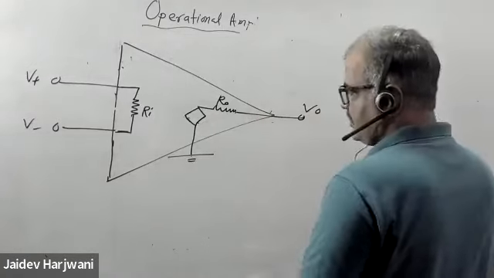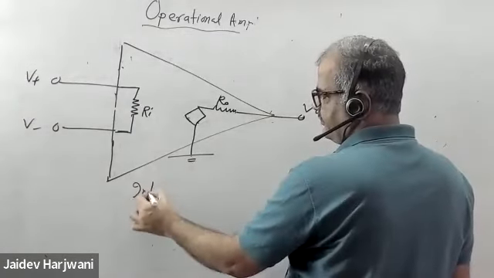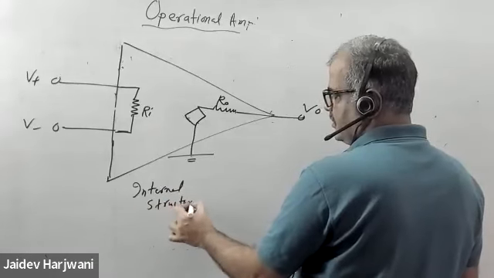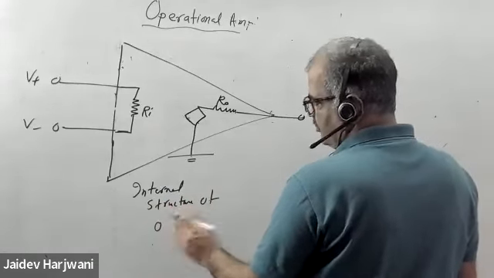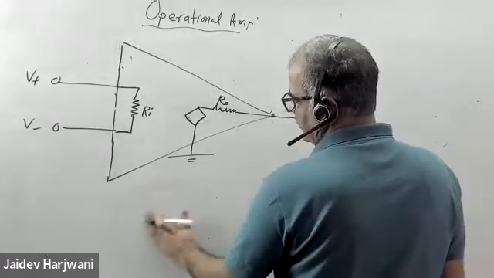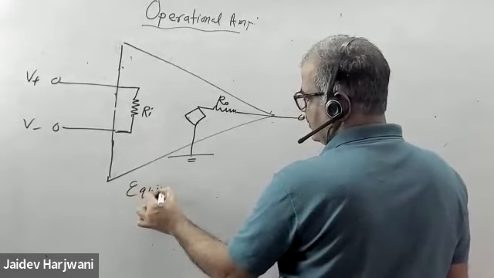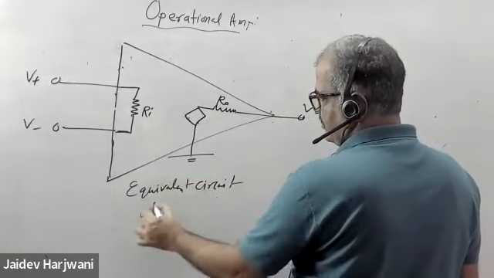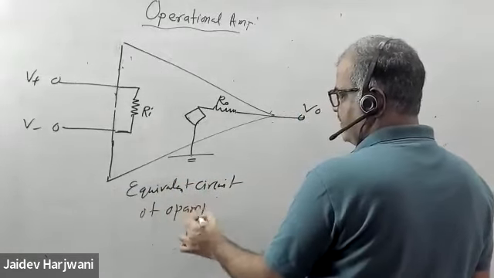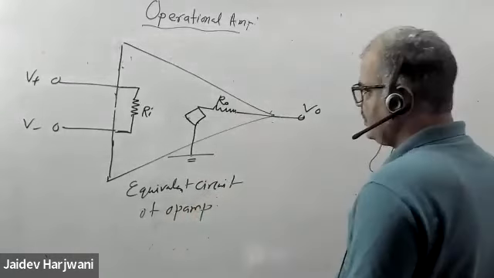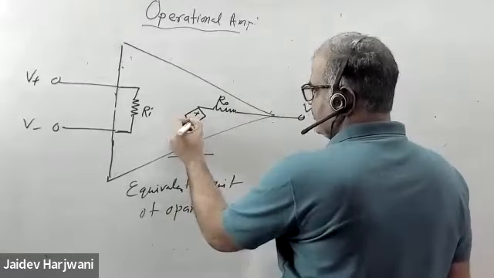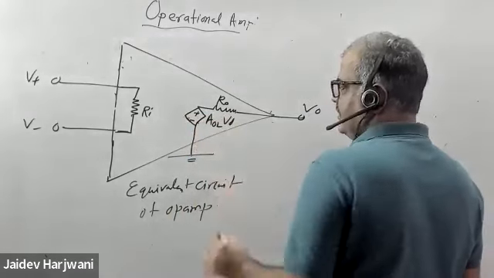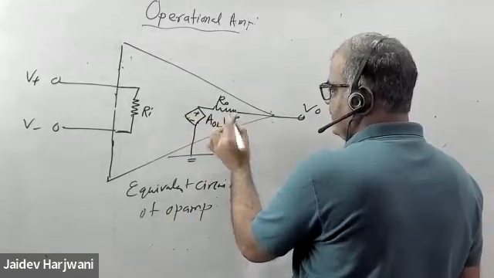So this is the internal structure of the op amp, or you can call it the equivalent circuit of the op amp. This is plus, this is minus, and this is equal to AOL VD.